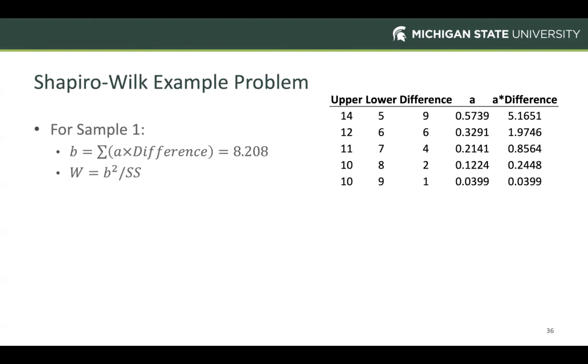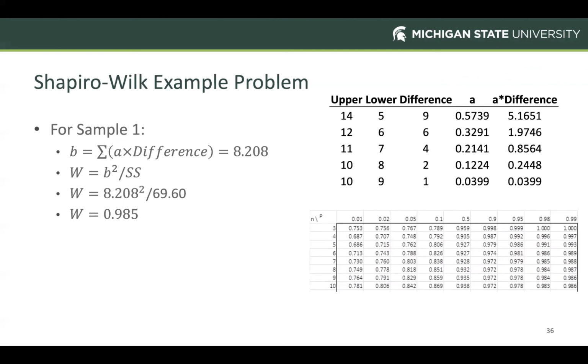Our W statistic is just that quantity b squared divided by the sum of squares that we had presented on the previous slide. And so 8.208 quantity squared divided by 69.60 gives us a W statistic of 0.985.